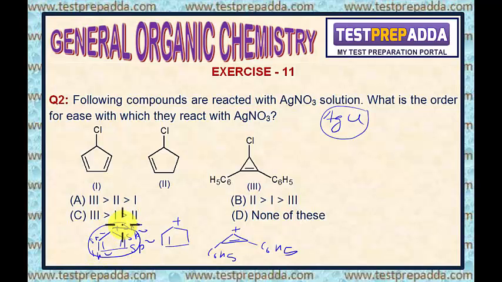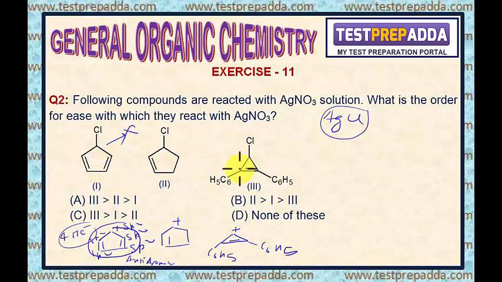A total of 4 pi electrons are involved in the delocalization process. That is why this carbocation is anti-aromatic, and when you say anti-aromatic, it provides instability. That is why it is difficult for this to ionize. So here it will be most difficult.